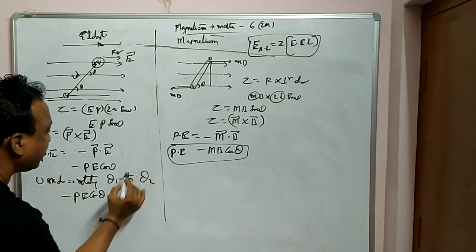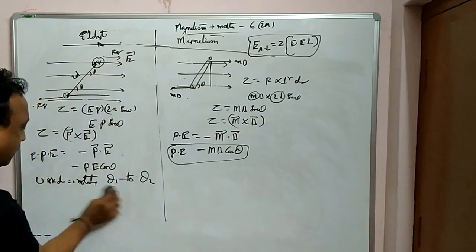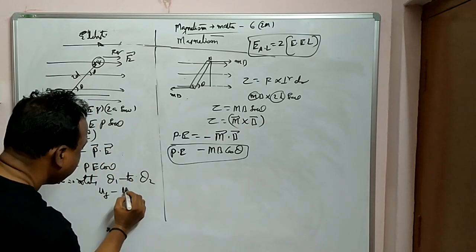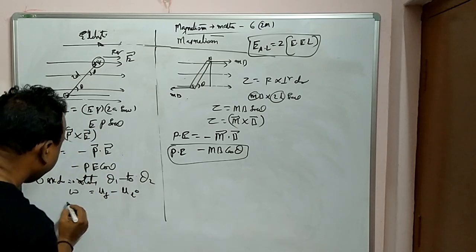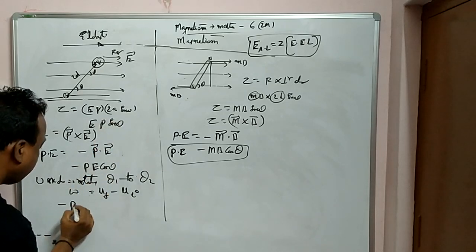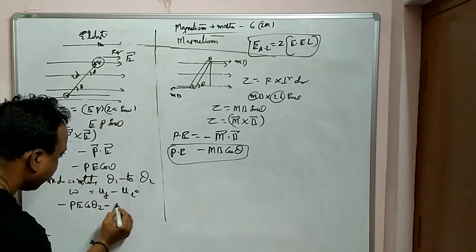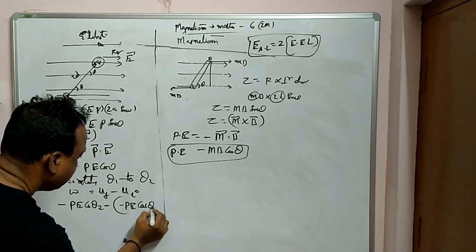The general formula, I'll write it here: work done is given by potential energy final minus potential energy initial. So rotating from theta 1 to theta 2, that is minus PE cos theta 2 minus, minus PE cos theta 1.